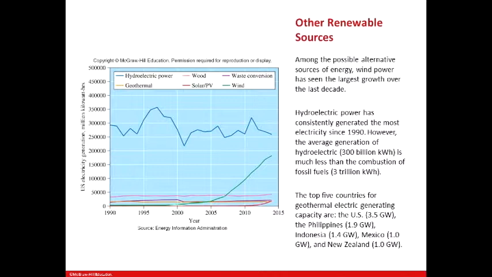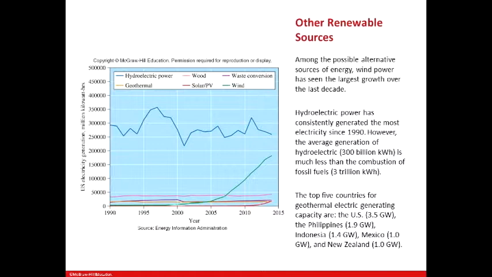All right? However, the average generation of hydroelectric is 300 billion kilowatt hours, which is much less than the combustion of fossil fuels, which is 3 trillion. Does everyone follow? So the bottom line is, fossil fuels still rule because you can get the most energy out of them. That's why we keep burning fossil fuels.